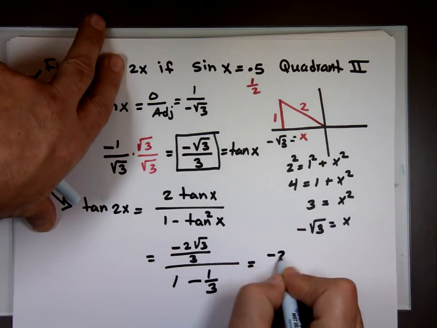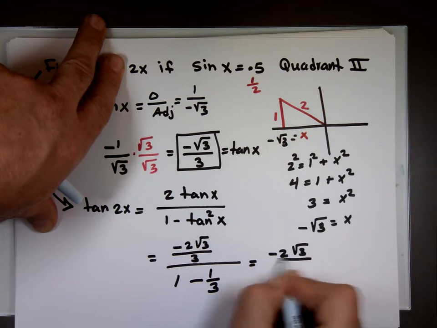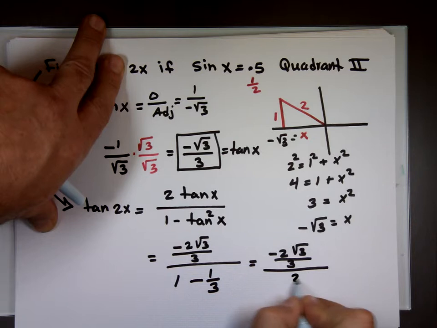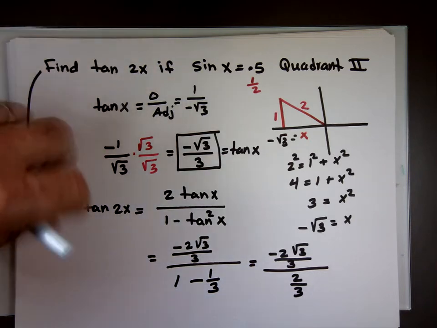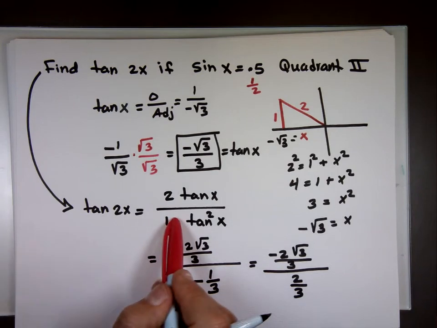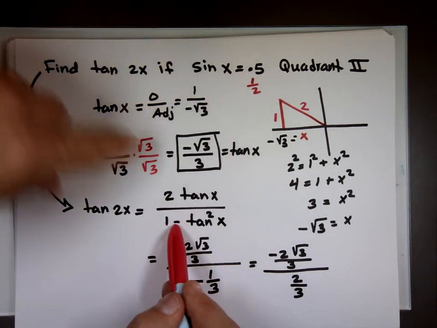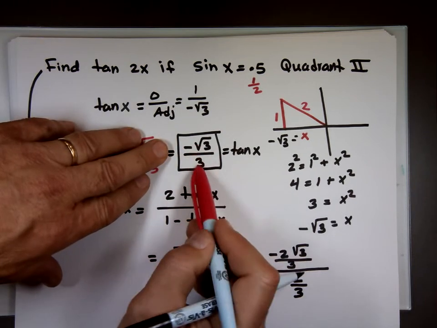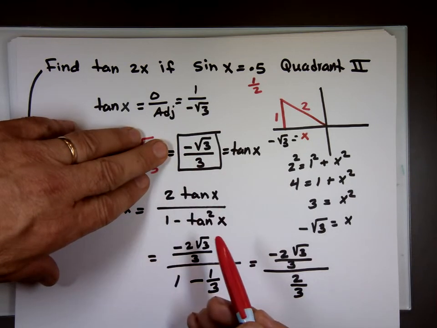Negative 2 square root of 3 over 3 divided by, what is 1 minus 1/3? 2/3. Should you be adding the 1/3? Why? There's the minus sign outside. You take that number and you square it, right? That becomes a positive. Oh, I didn't see the negative.